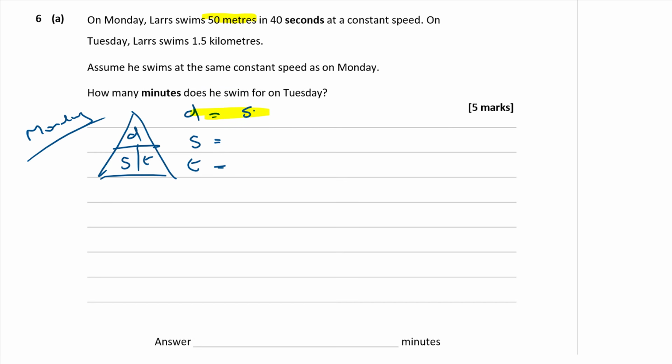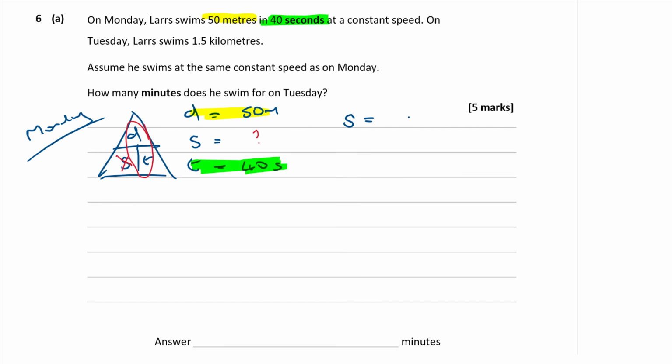50 metres. And he swims it in 40 seconds. So time is 40 seconds then. Okay, so what we need to do is work out speed for Monday, and then we can assume he swims the same speed on Tuesday. So covering up the thing I want to find, speed, that tells me it's distance divided by time.